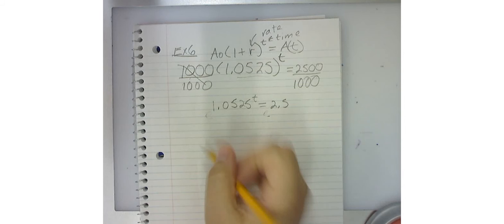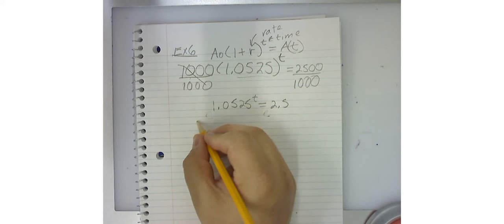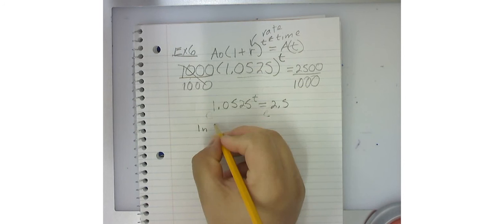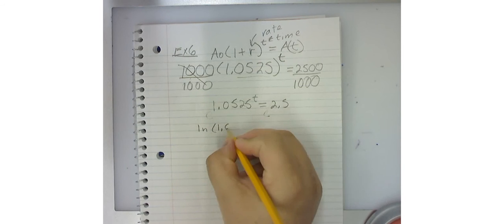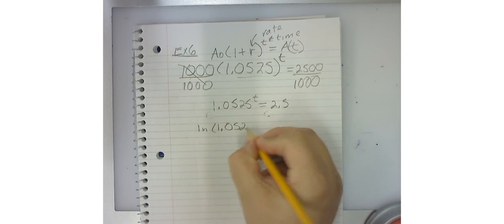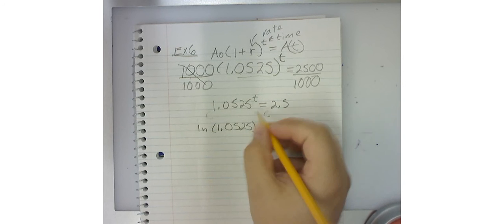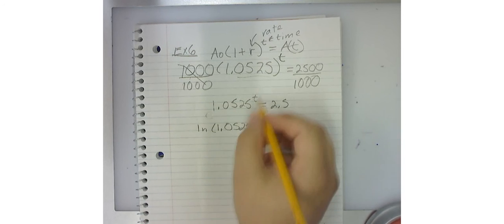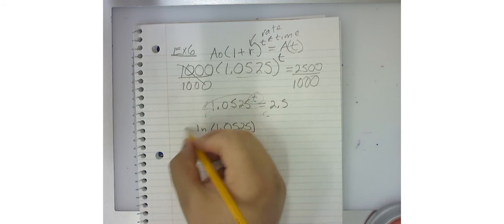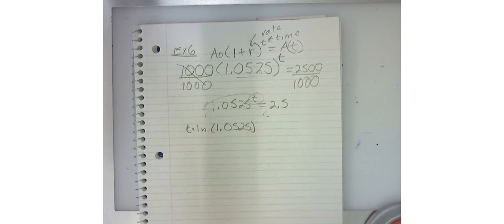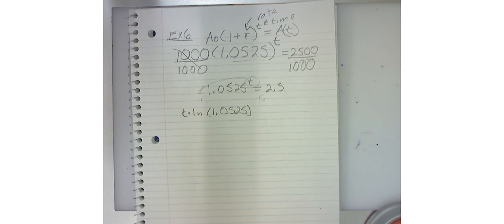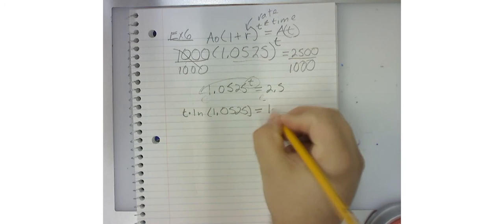Now the reason I want to take the natural log of this stuff is because there's a property in logs, and I don't know if you remember this or not, that lets me take this t and toss it to the front. Okay, so when I toss that t to the front, I'm going to say t times the natural log of this stuff. Okay, and so that's equal to the natural log of 2.5.